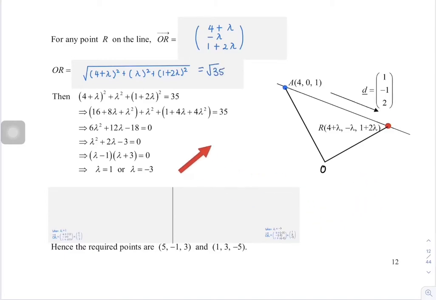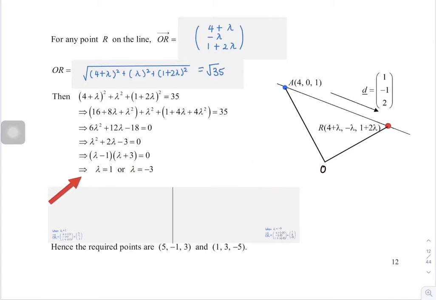In order for us to find the value of lambda, we need to solve this particular equation. Solving this equation, we get lambda equals 1 and lambda equals negative 3. So there are 2 points on the line which are square root 35 units away from the origin.